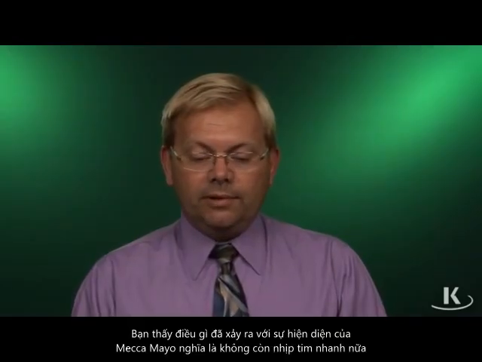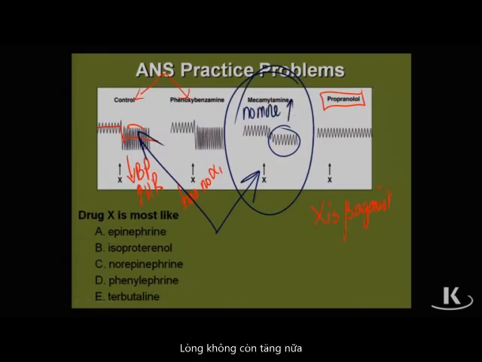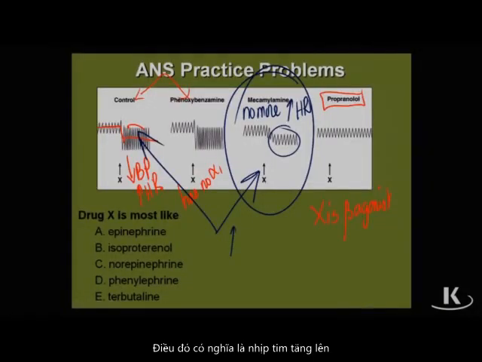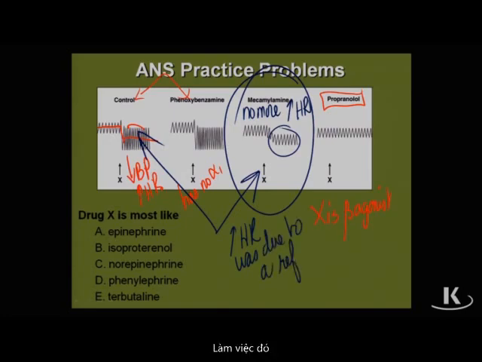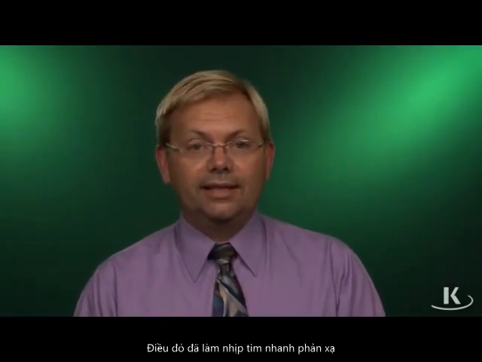You see what happened? In presence of mecamylamine, there's no more tachycardia, no more increase in heart rate. If there's no more tachycardia, it had to mean that the increased heart rate was due to a reflex. It was not the drug doing it, it was actually the hypotension that did the reflex tachycardia.